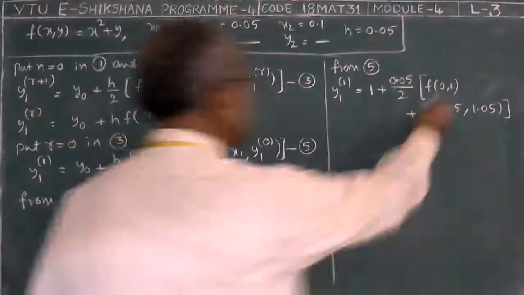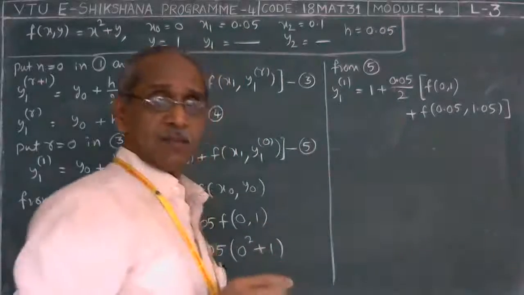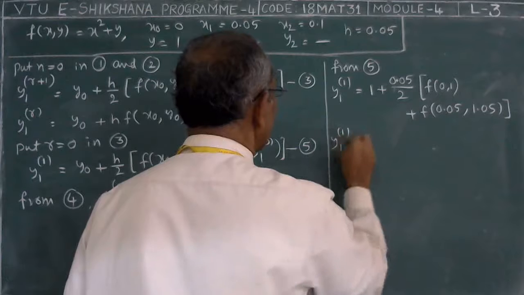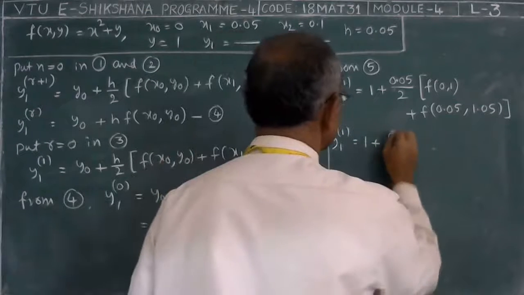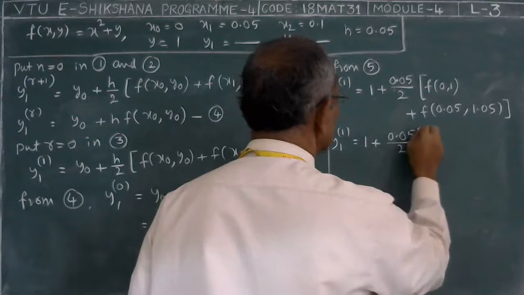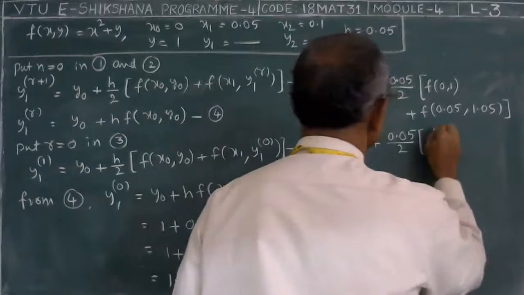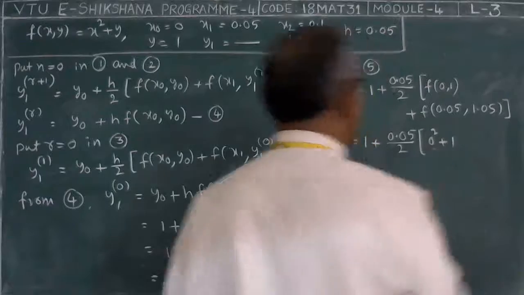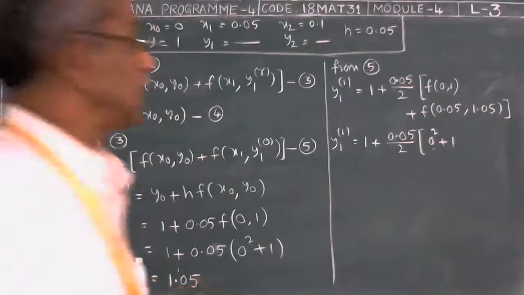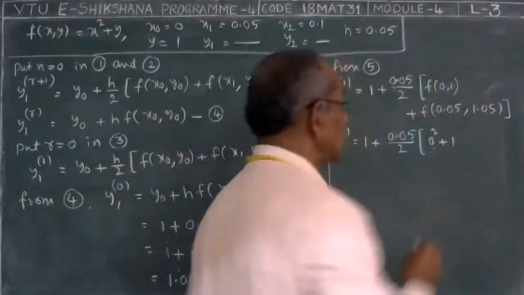Now apply the definition of f of x comma y. So y1 is equal to 1 plus 0.05 divided by 2 into this is 0 square plus 1, or 0 plus 1, right? Because f of x comma y is x square plus y. So f of 0 comma 1 is 0 square plus 1.